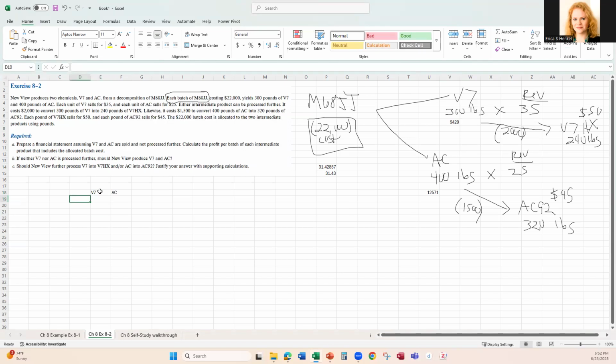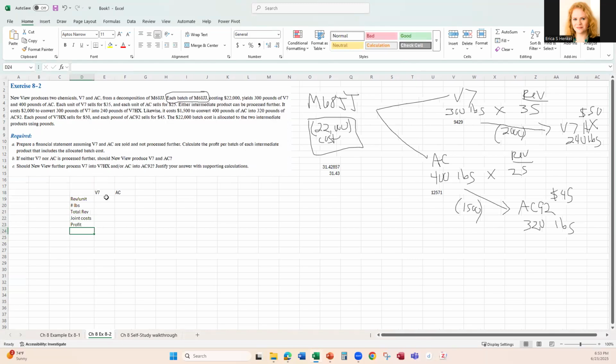We're going to have the revenue per unit, the number of pounds, and total revenue, the joint costs here, and get the profit. Revenue per unit we said was 35 and 25, and the number of pounds is 300 and 400. So multiplying that out.